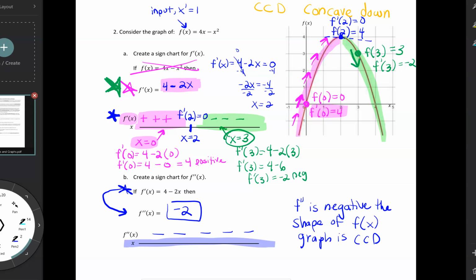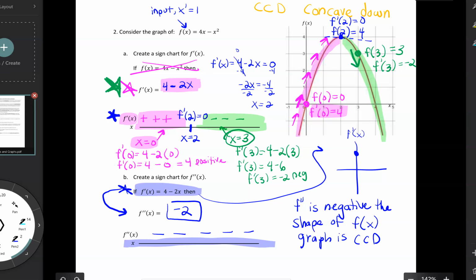And remember, f double prime is describing the first derivative. If I graphed the first derivative, you type it into Desmos or something, I would start at 4 and then have a negative slope.